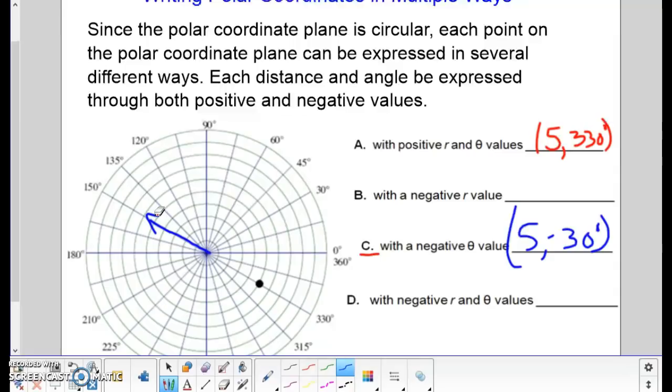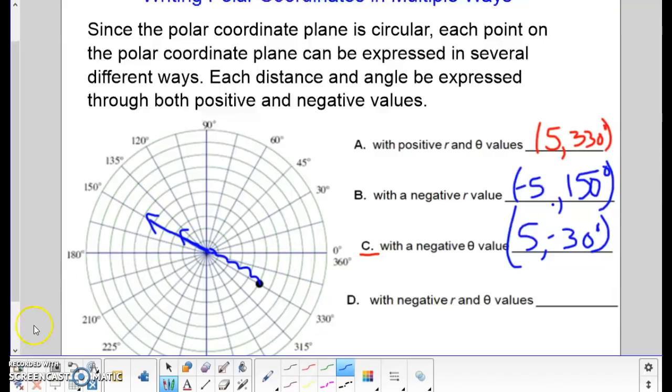I'm facing 150 degrees, so my angle is 150 degrees, but I'm going to walk backwards 1, 2, 3, 4, 5. So -5, 150 degrees is the same as 5, 330 degrees.